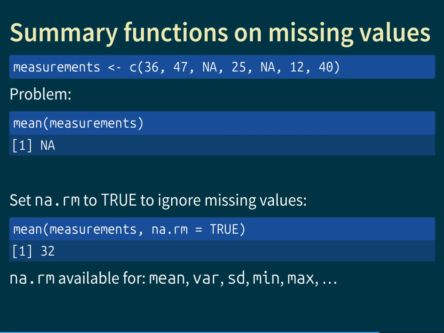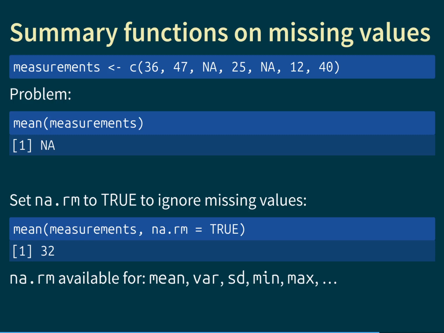But in this case, if we explicitly add the argument na.rm equals TRUE, and thus set this removal to true in the mean function, then what will happen is that all the entries of the vector that are equal to NA will be discarded. So in this particular case, in the measurements vector, those two entries, the third and the fifth entries that are NA, are discarded, and we're only left with 36, 47, 25, 12, and 40 as entries.